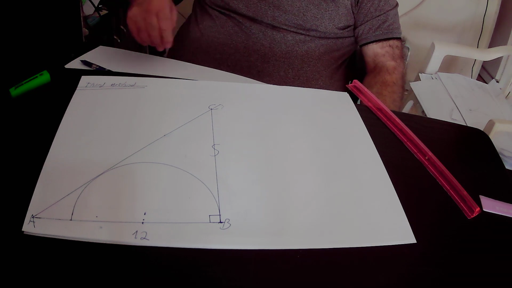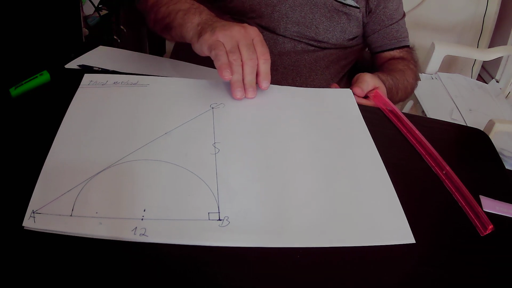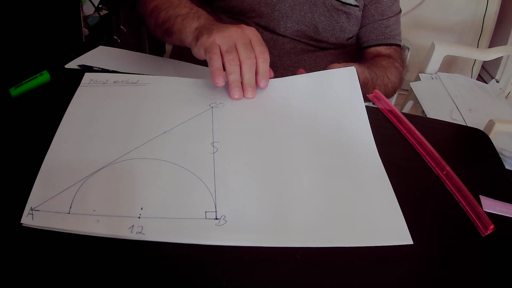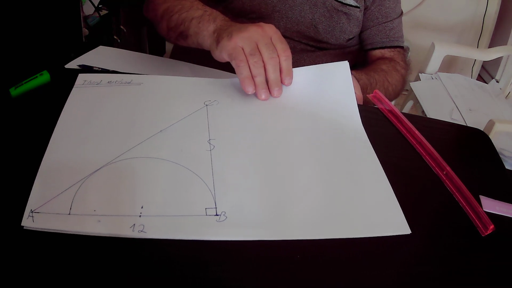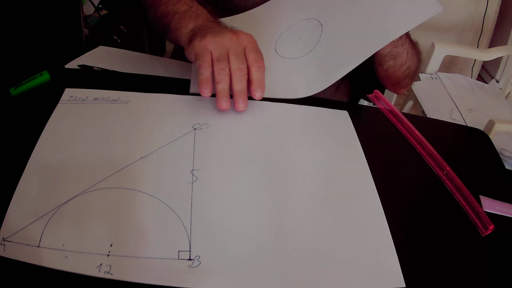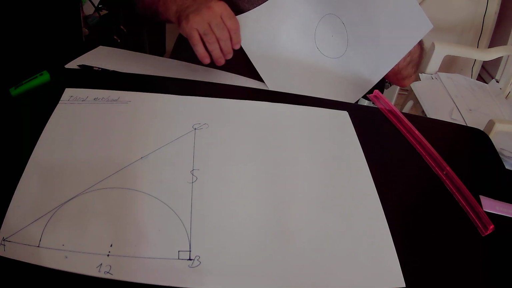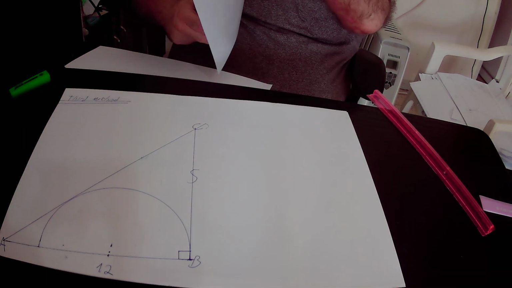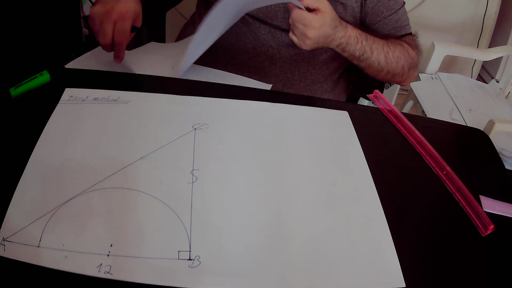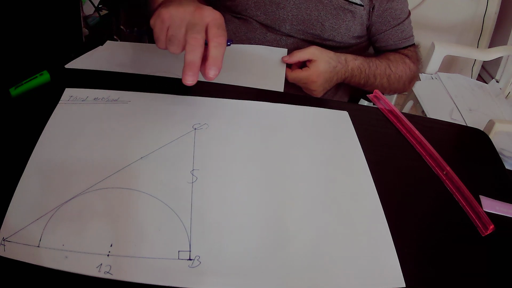Okay, so we will draw the mirror image of this figure, and we will join those two figures together, and we will create an isosceles triangle that blocks the circle.